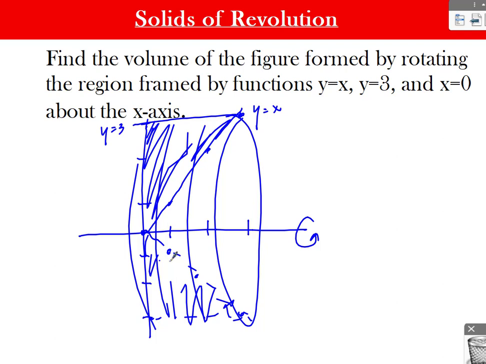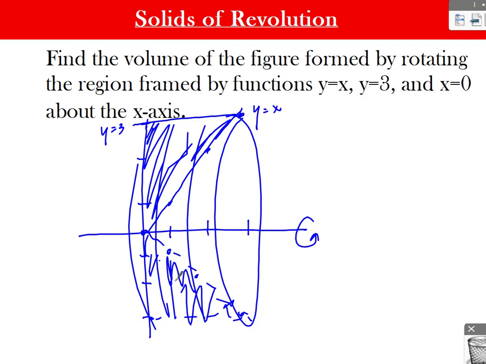Okay? Now, if I took a cross-section and looked at it, what would I see? What would it look like? If I took a cross-section anywhere on here and looked at it, what's it going to look like? It's going to look like a circle with a hole in it, correct?